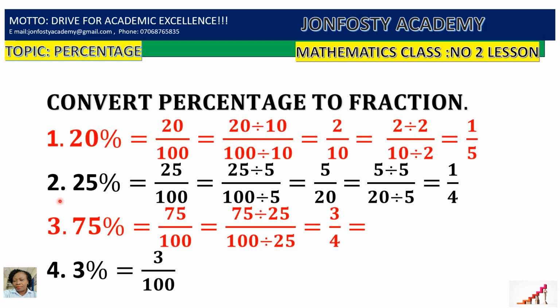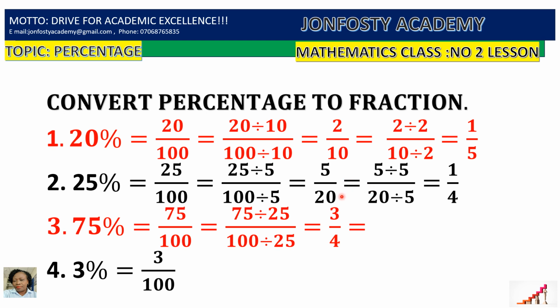Our second question, question number 2, is to convert 25% to a fraction. And we start by saying 25 all over 100. We divide it by 5 on both sides to further reduce it, and we got 5 all over 20.